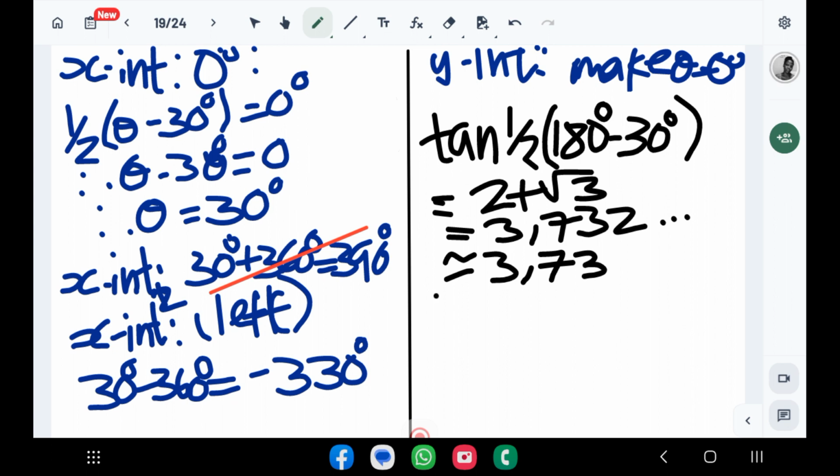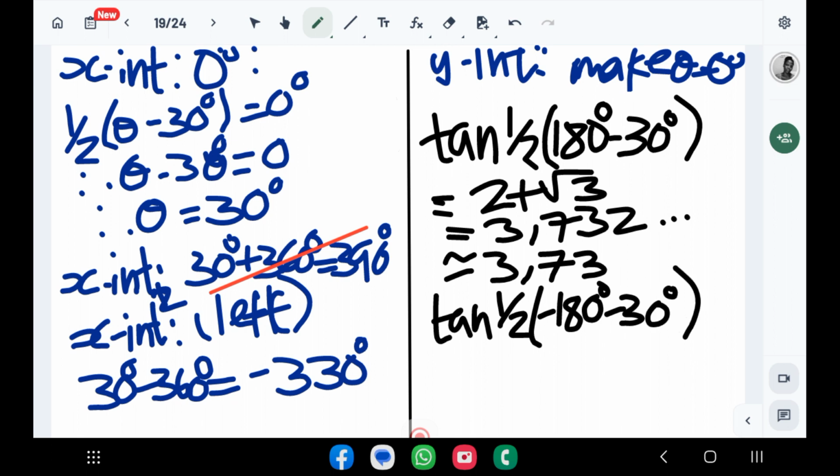And then on the other side, negative 180 minus 30 degrees: tan of half in bracket negative 180 minus 30 degrees. That is equal to 2 plus square root of 3 as well, which gives us the same number, 3.73, when we press the S to D button.